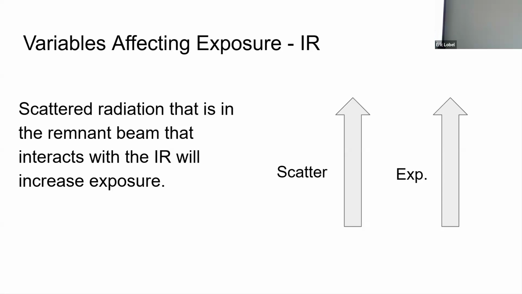The scatter, unfortunately, creates noise. The way scatter looks on a digital image is a graininess, a noise. Back in the film world, it showed up as kind of like a fog, so it looked a little bit different, equally bad.